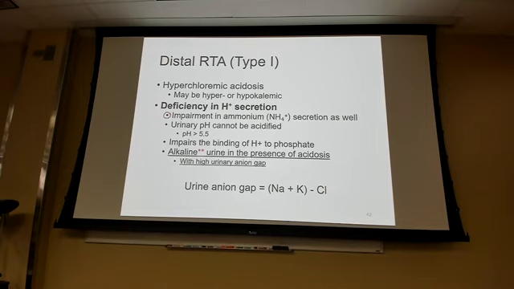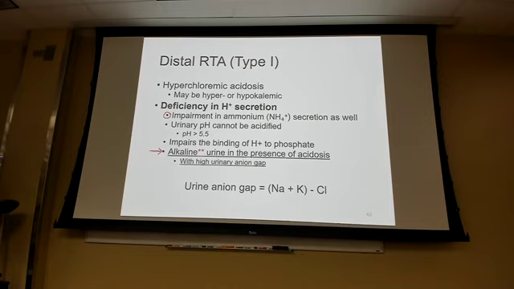When I say alkaline, everybody thinks it's greater than 7.45, right? But in this case, we're talking about your regular urinary pHs. The urinary pH will be on the high side. So not alkaline in the sense that it is literally on the pH scale alkaline, but alkaline in respect to the clinical circumstance of this patient being acidotic.